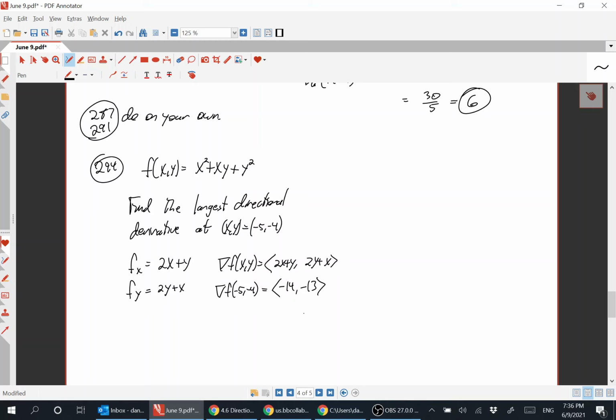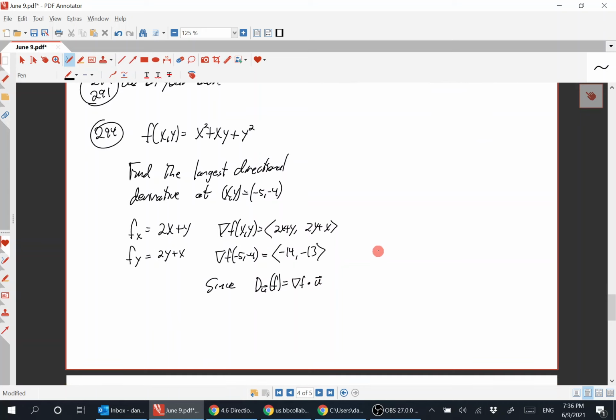Okay, so the gradient vector, the largest directional derivative is the gradient vector itself, right? I mean the length of the gradient vector. Since the directional derivative in the direction of u of f is equal to the gradient of f dot u, which is equal to, well, what's the dot product?